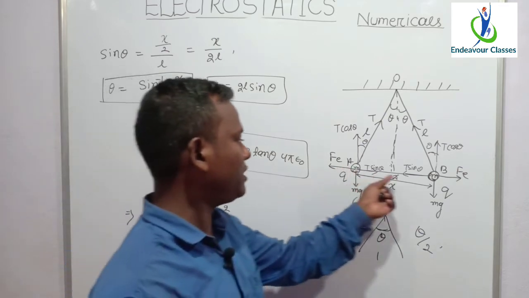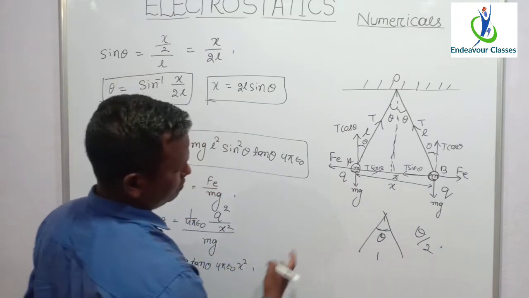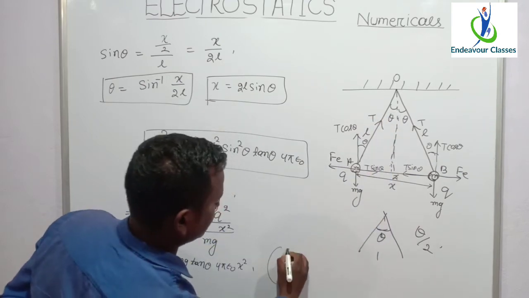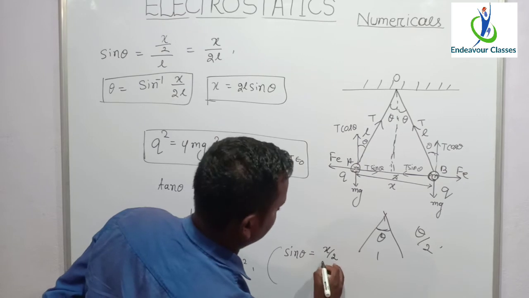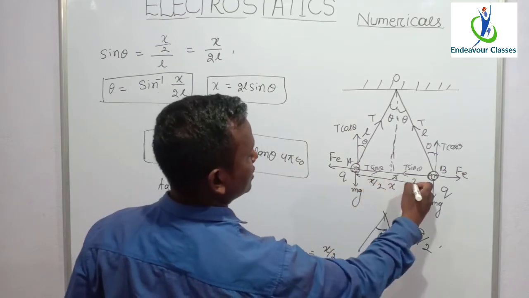Now from the geometry of this figure, if we take the sine of this angle, sin theta is equal to x by 2 divided by L, because it is P by H, where this is x by 2.